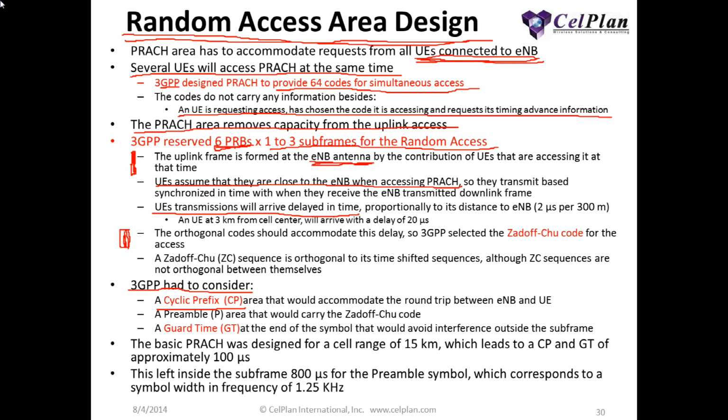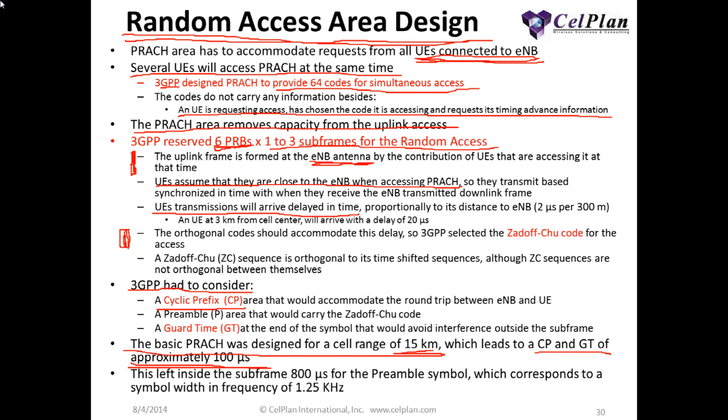So remember that it has 1 to 3 subframes, but it needs to have a guard time inside. And also the basic PRACH was designed for a cell range of 15 kilometers. And this leads to a CP and a GT of approximately 100 microseconds. So if we take one subframe, it's 1 millisecond. We discount 200 microseconds. We have left for the preamble 800 microseconds.